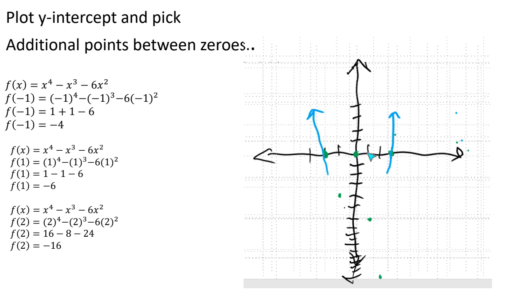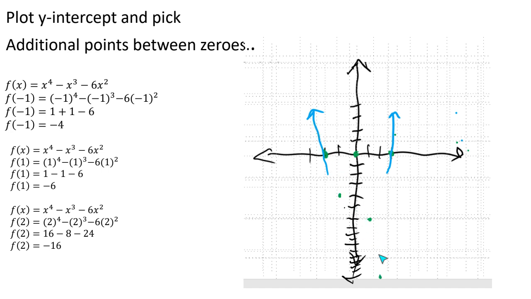Okay, so if I plug in -1 for all my x's here, then I get -4, so that's right here. If I plug in a 1, then I get a -6, so that's going to be down here. And then if I plug in a 2, I get -16, so that's going to be down here. And then I can sketch my graph based on this information I have.